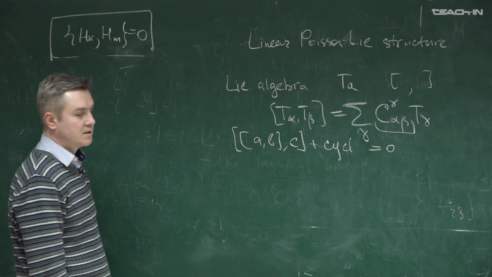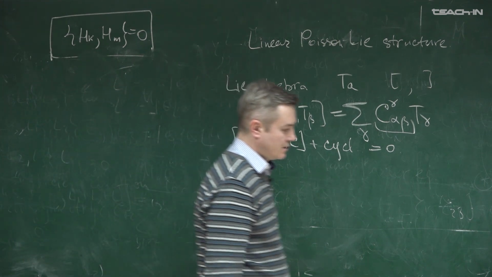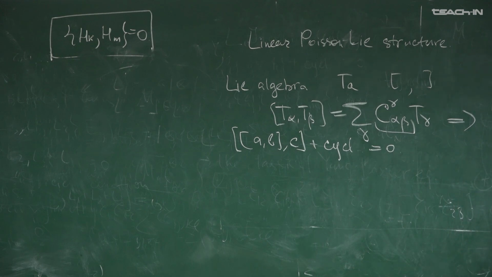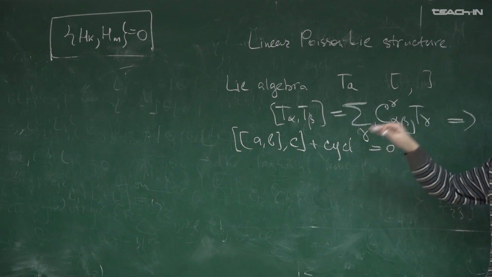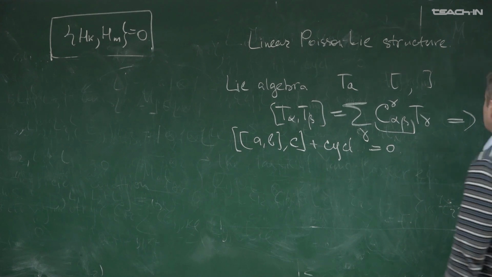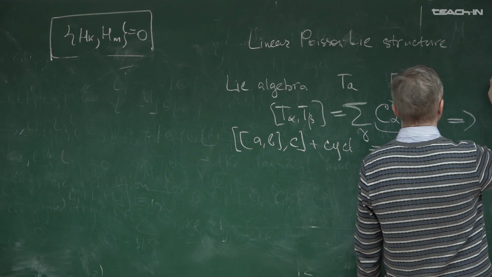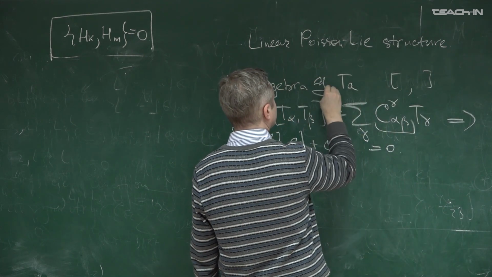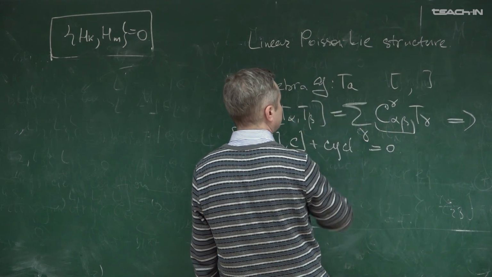The statement which I'm going to use now is that if you have any Lie algebra with some given commutator, then you may construct Poisson brackets by the following rule. So this is a Lie algebra, say G, with generators TA.